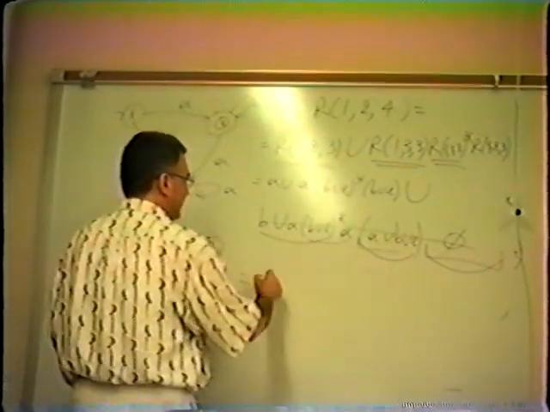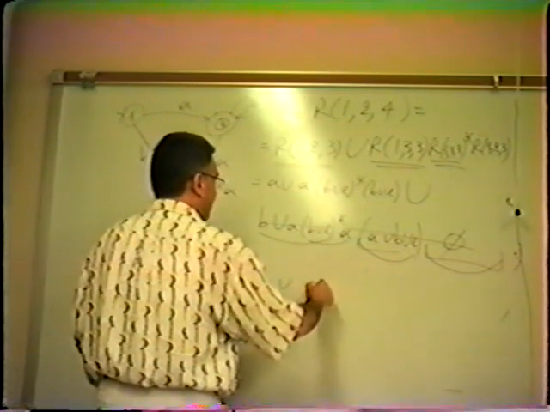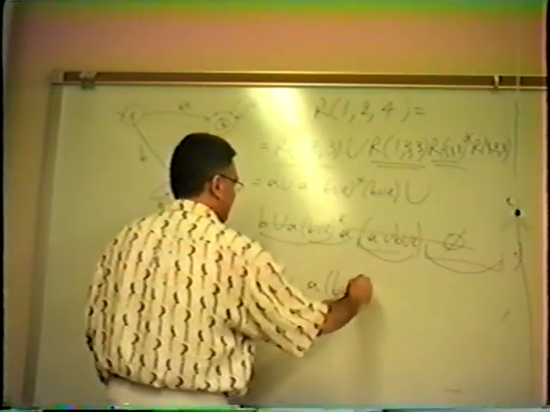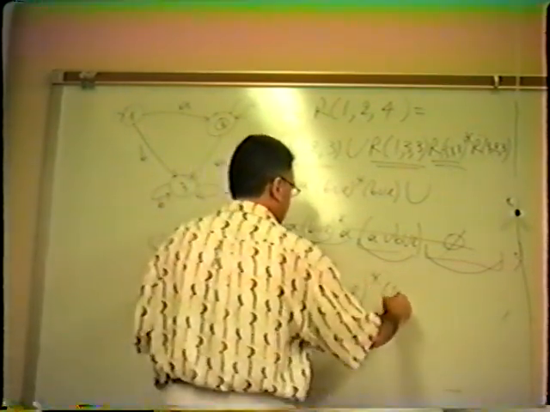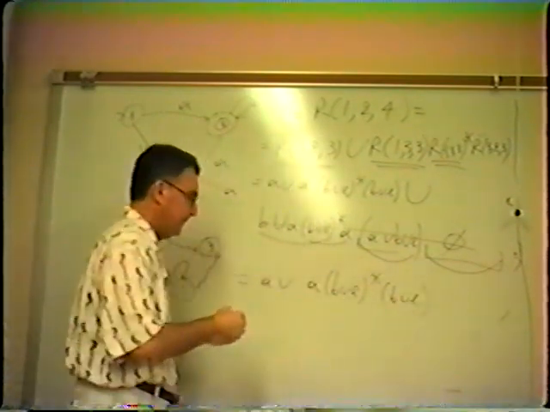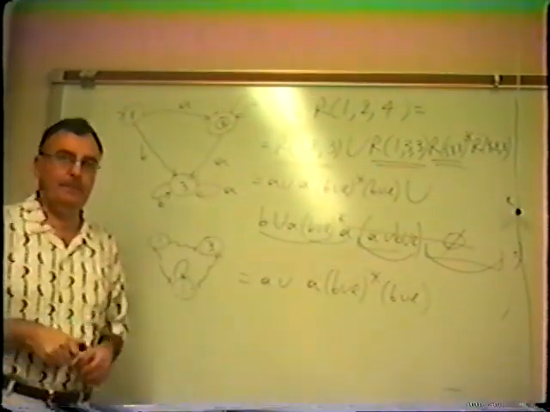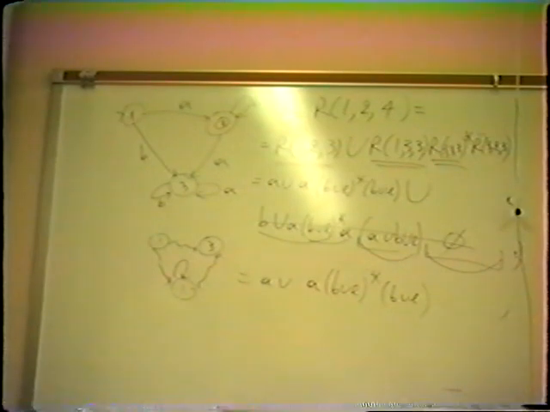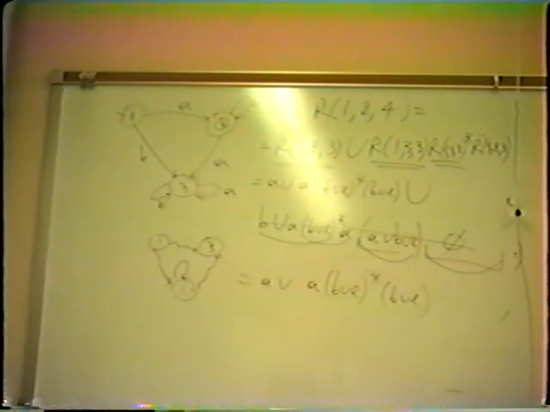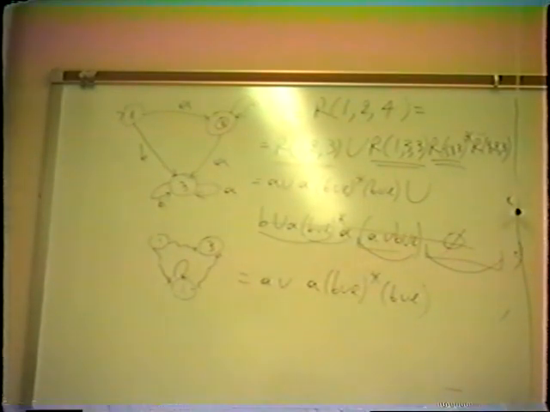So the final answer is A union A star A union epsilon. That's the final answer. Because I took shortcuts, it would be different than the actual algorithm. Or maybe not. No, it will be the same, because that is the empty set there.